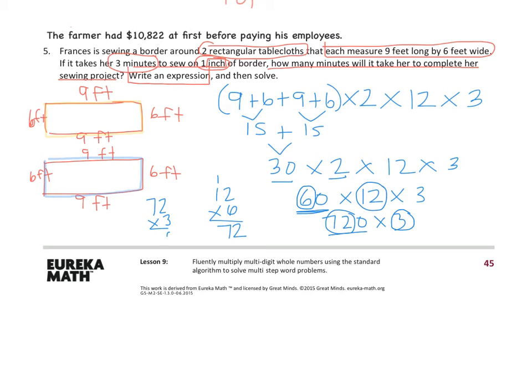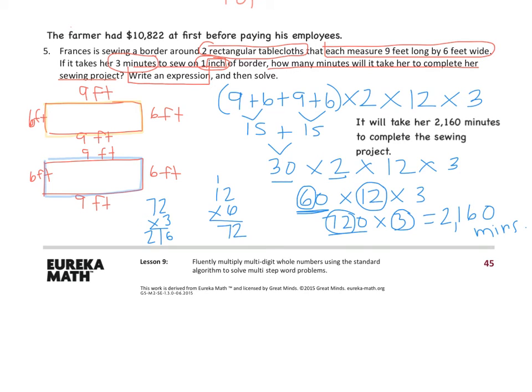That way 3 times 2 is 6, and then 7 times 3 is 21. So 720 times 3 would be 2,160. So this is now minutes it takes her to complete the sewing project.